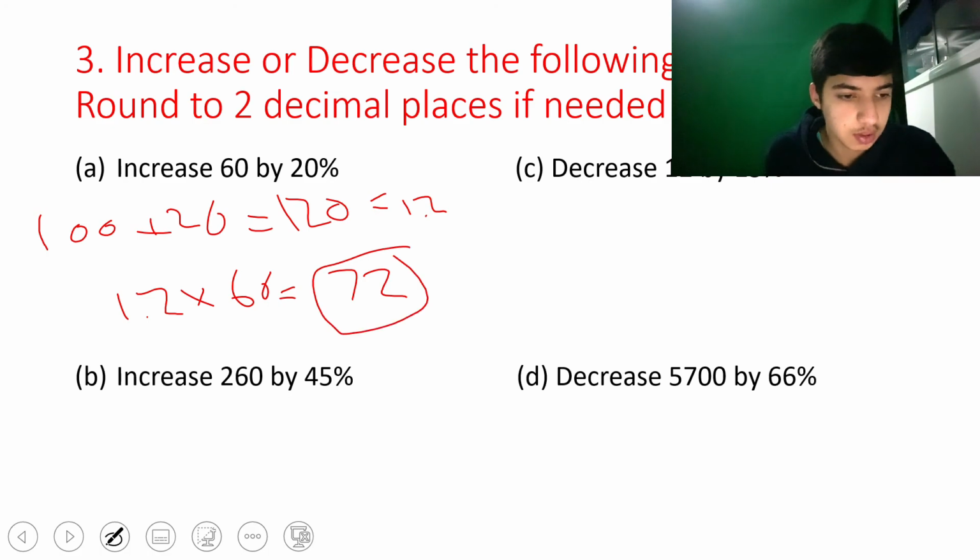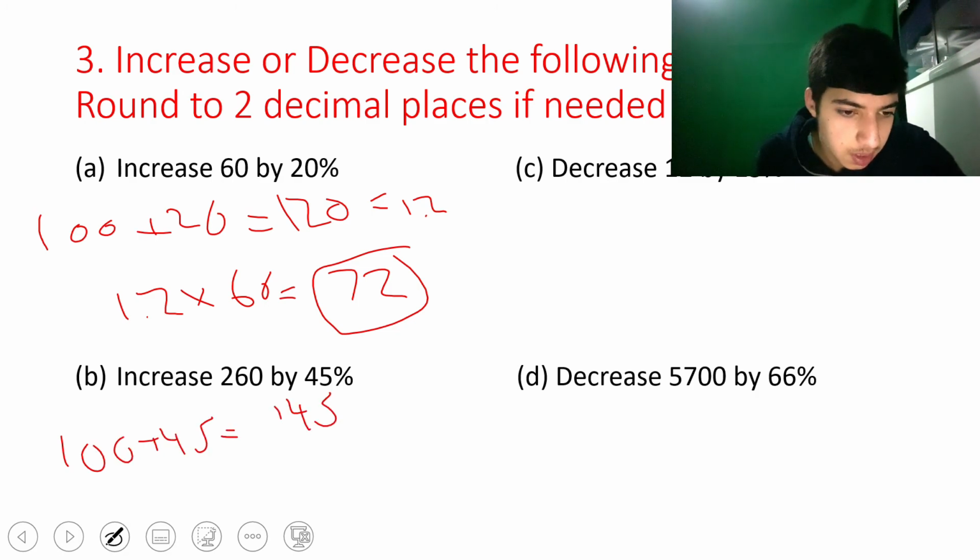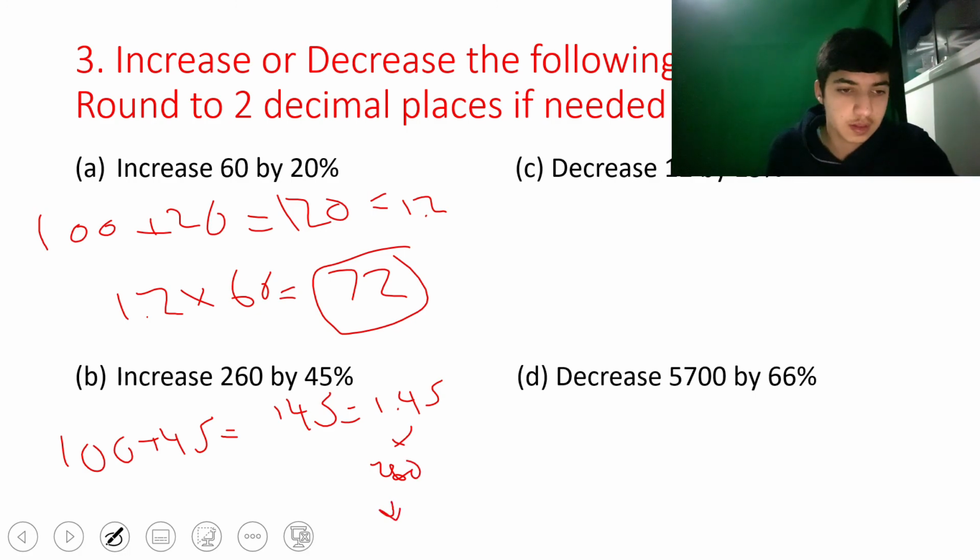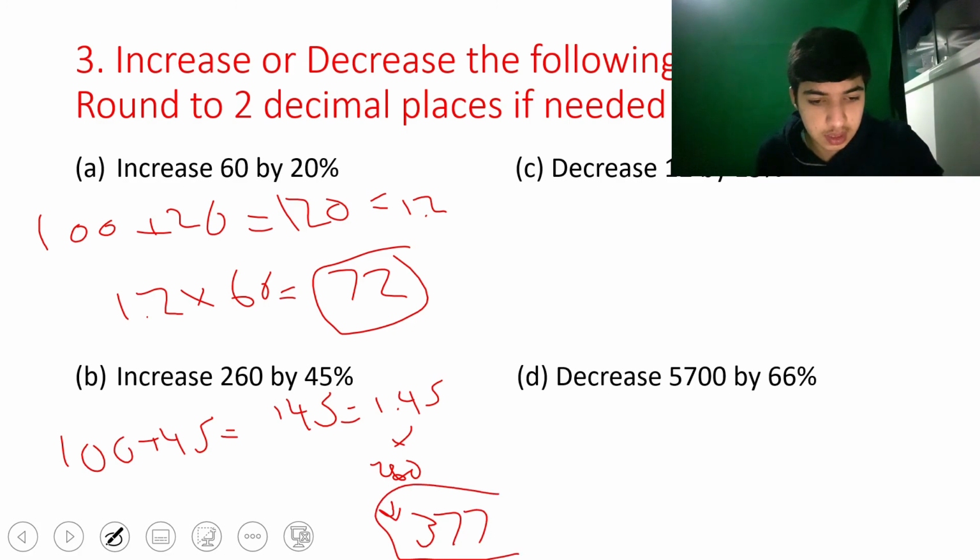That will be 72. Now for B, easily same thing, 100 plus 45 equaling 145, into a decimal, 1.45 times 260 equaling 377. That's the answer.